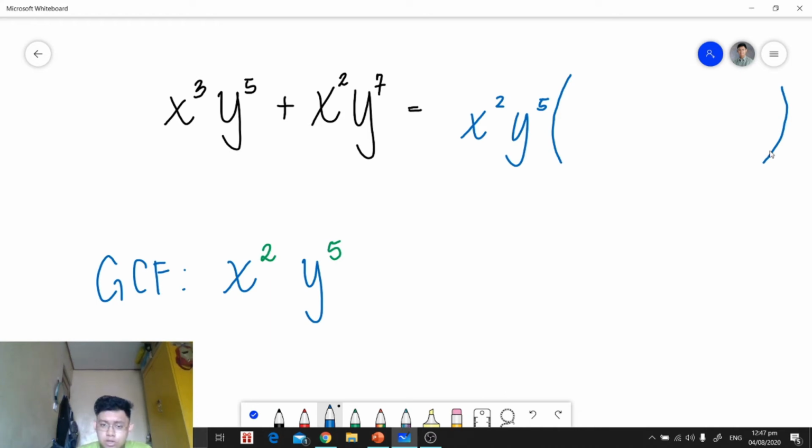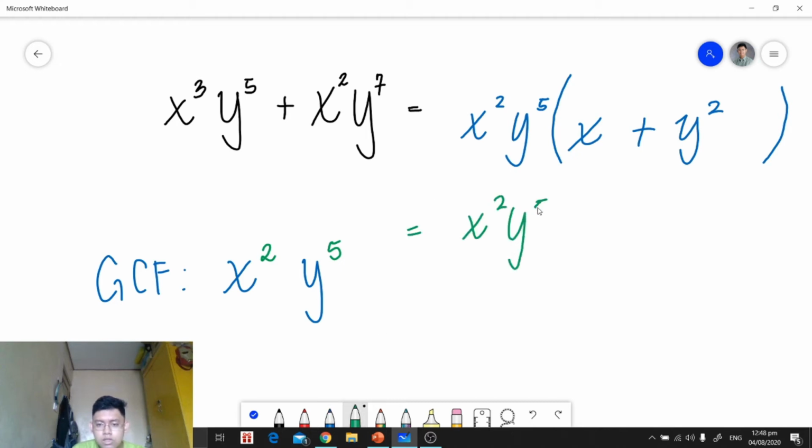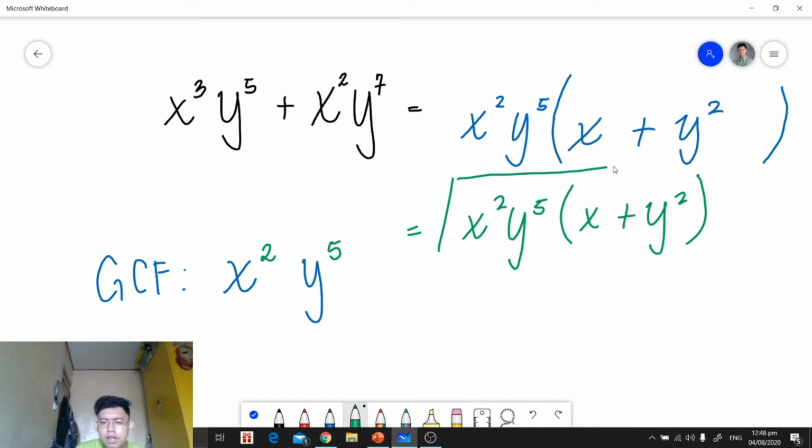So for the first term, we will have x, plus, for the second term, we will have y raised to 2. So our final answer will be x squared y raised to 5 times the quantity x plus y squared. And that's our final answer.